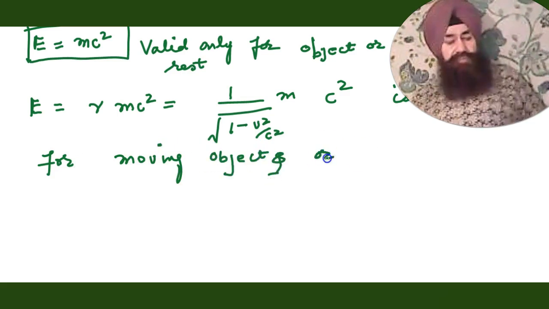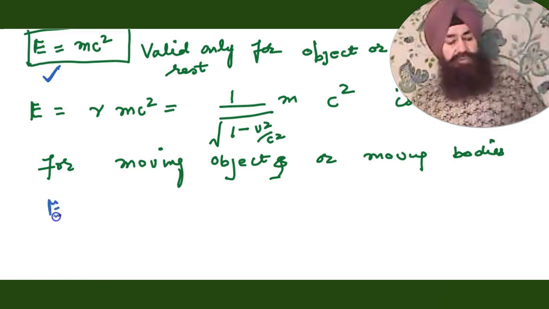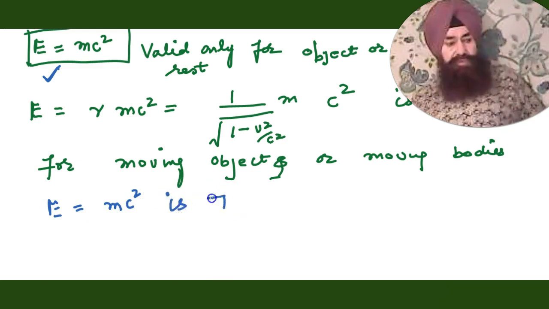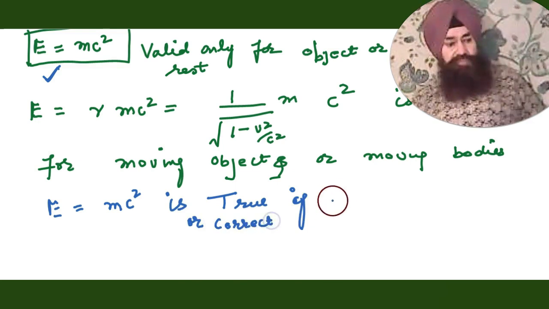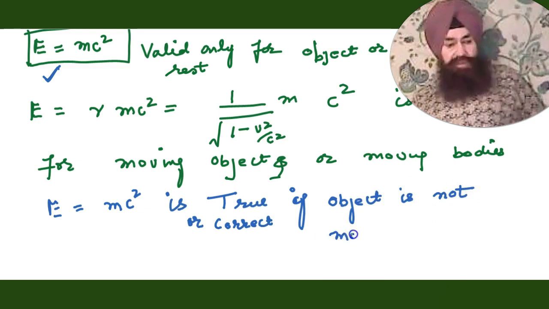For moving objects or moving bodies, E equals gamma mc square is correct. So E equals mc square, no doubt, Einstein's famous equation, is true or correct for the object at rest, for an object not moving.